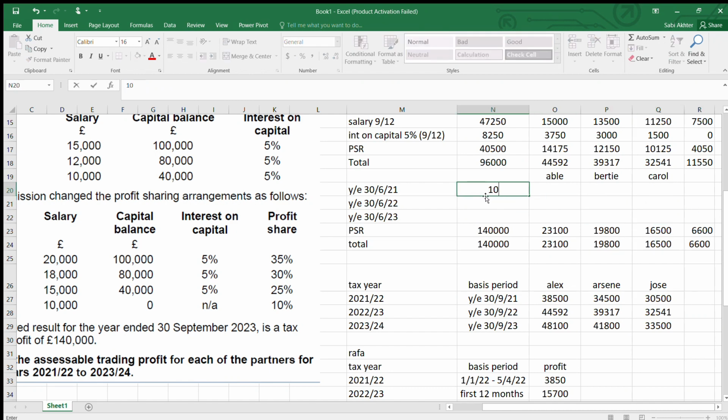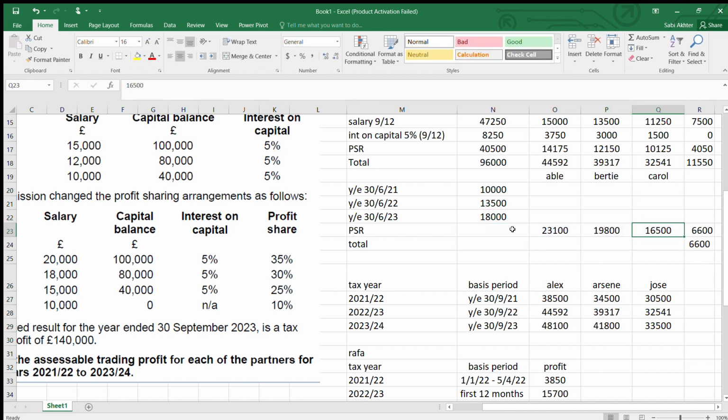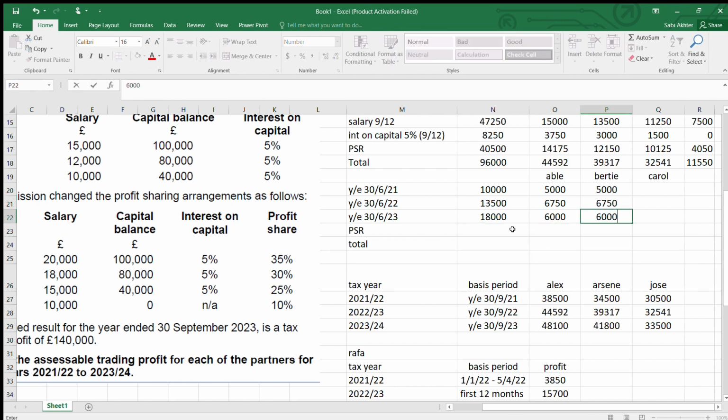Here the total is 10,000. Here the total is 13,500. Here the total is 18,000. So here 5,000, 5,000. 6,750, 6,750. 6,000, 6,000, 6,000.